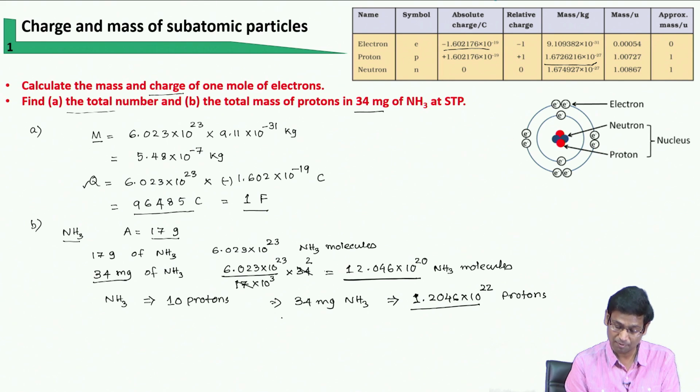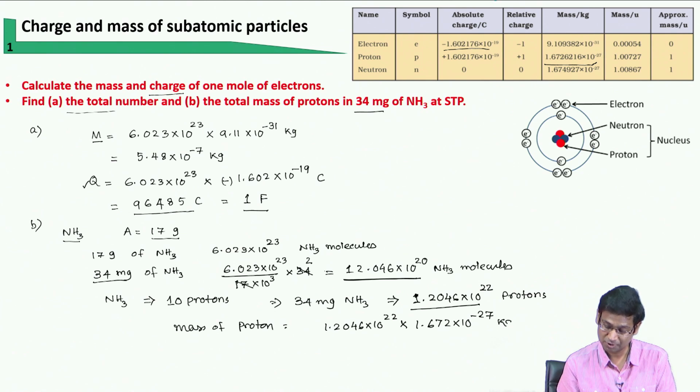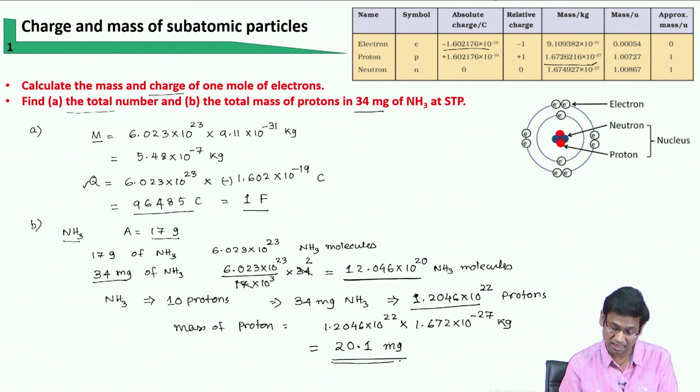So, the total mass of protons in this sample: you would have 1.2046 × 10^22 protons, multiplied by 1.672 × 10^-27 kilograms, and if you solve this, you get about 20.1 milligram. So, in 34 milligram of ammonia, we have 20.1 milligram of protons.